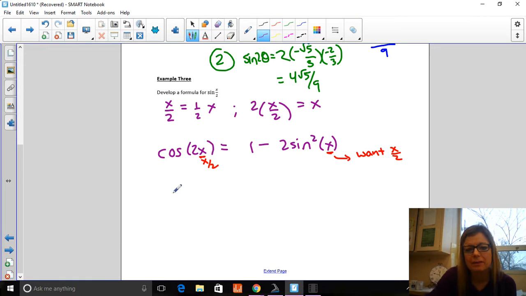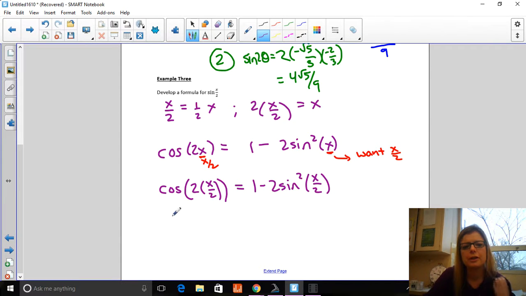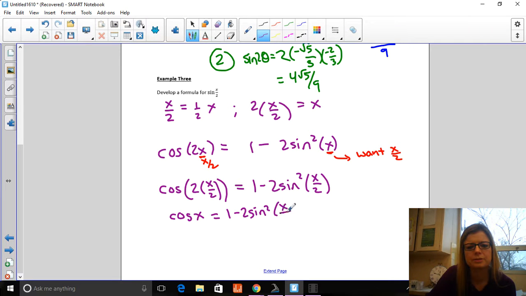You don't have to copy that red if it's confusing you. It's just kind of there to help explain. So I'm going to say cos 2 of x over 2. So now my theta there is x over 2. It's equal to 1 minus 2 sine squared x over 2. So now I get just cos of x is equal to 1 minus 2 sine squared x over 2.